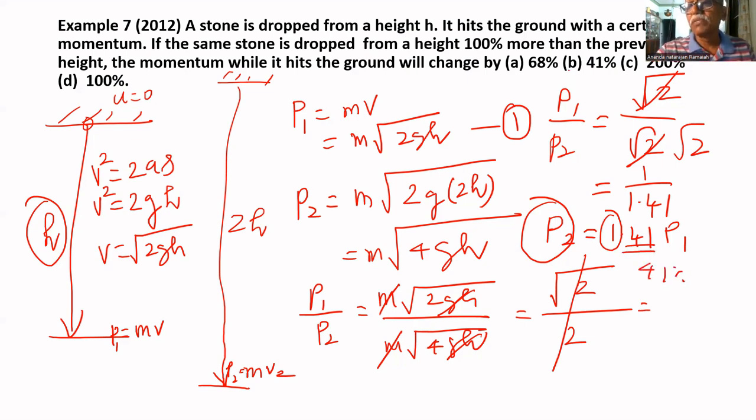Therefore, P2 is 41% higher than P1. Shall I move to the next sum? Yes, sir.